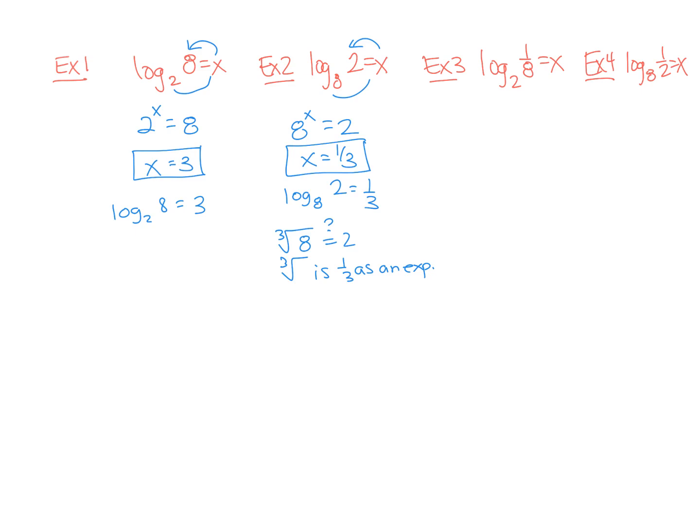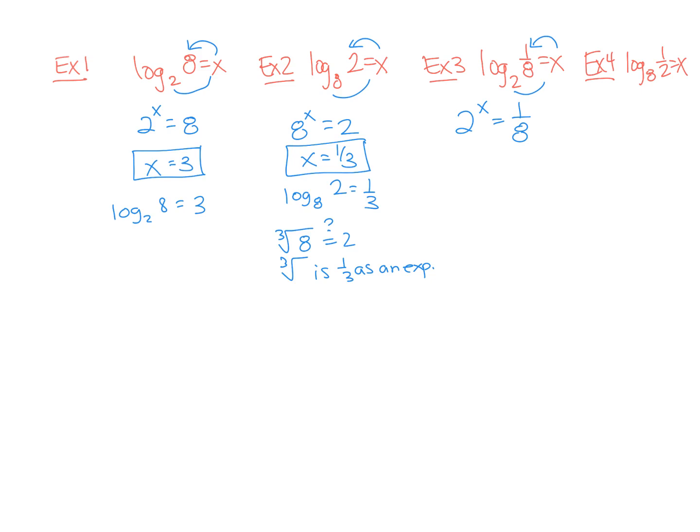So now let's take a look at this next problem. In this case, I get 2 to the x equals 1/8. In this problem, my base, which is an integer 2, is now equal to a fraction. When this happens, we want to think about how we can get that into the denominator.